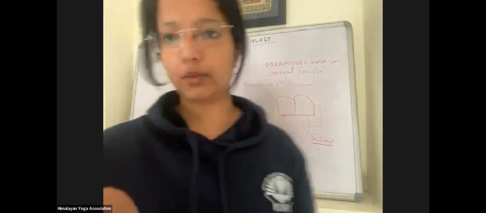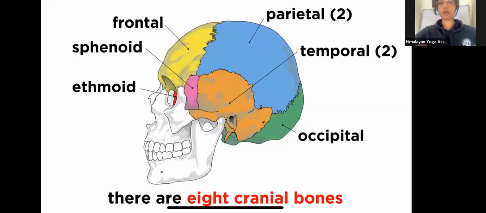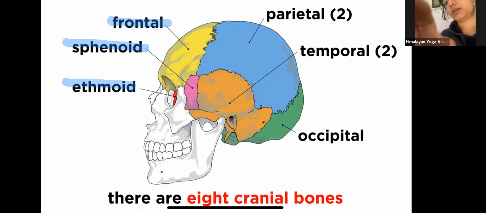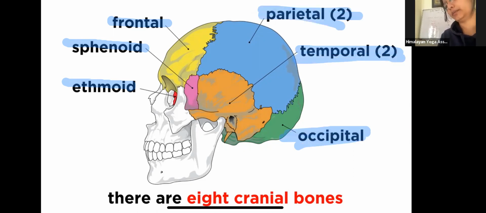Okay, so I'll share with you a picture. Here we see frontal, this yellow is frontal, then this pink is sphenoid, then we have ethmoid, then we have occipital at the back, temporal on the sides, parietal on the top.